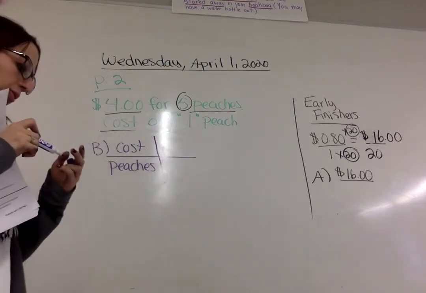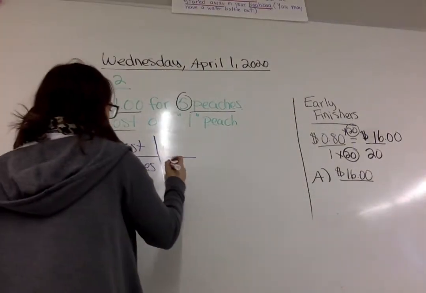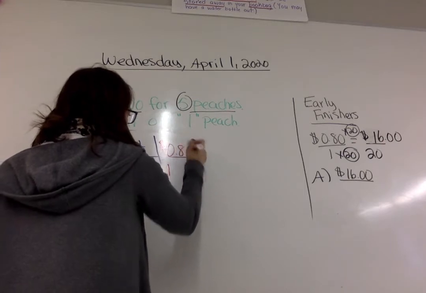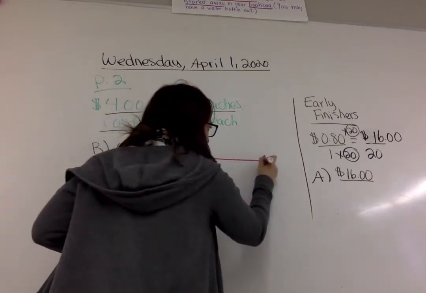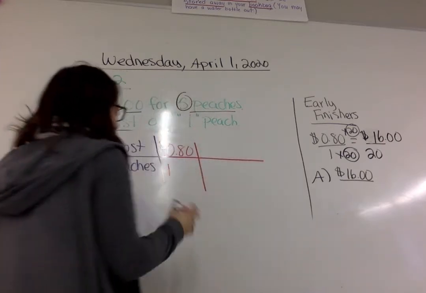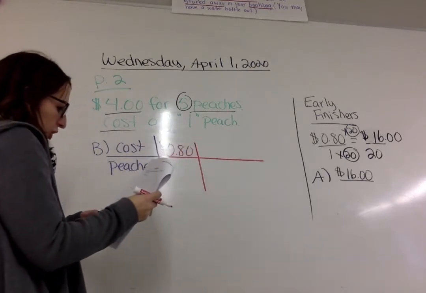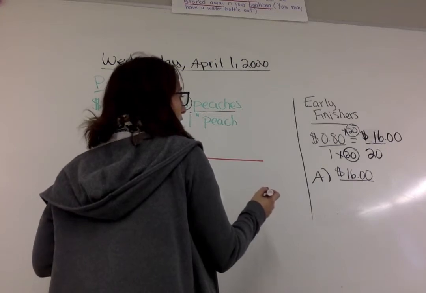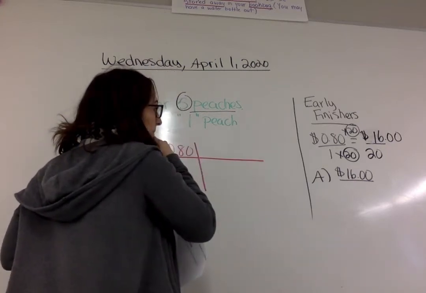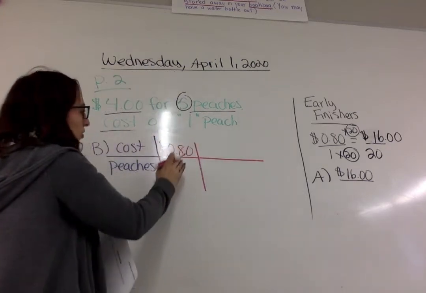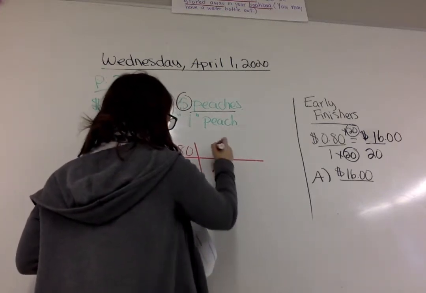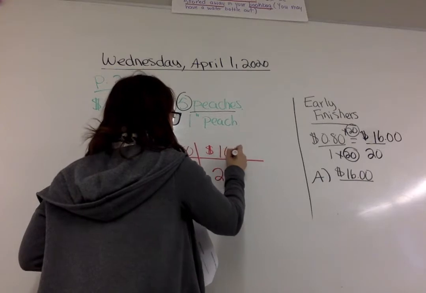I'm going to fill my ratio table in. So here's what we got. We know that one peach cost me 80 cents. That's my unit rate. We know that if I want to purchase, if I want to spend, okay, so now, sorry about that. One peach is 80 cents. 20 peaches is $16.